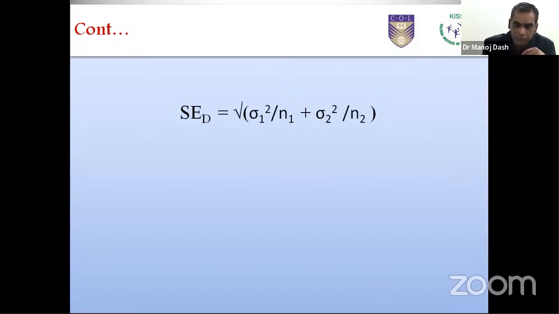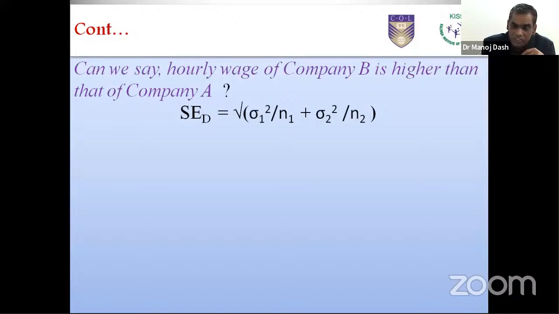The first question is: can we say the hourly wage of company B is higher than that of company A? We do not know. Unless we solve the question, find the answer, and make an analysis, we cannot say whether the hourly wage of company B is higher than that of company A or not. Even though there is a difference, the difference may or may not be significant.